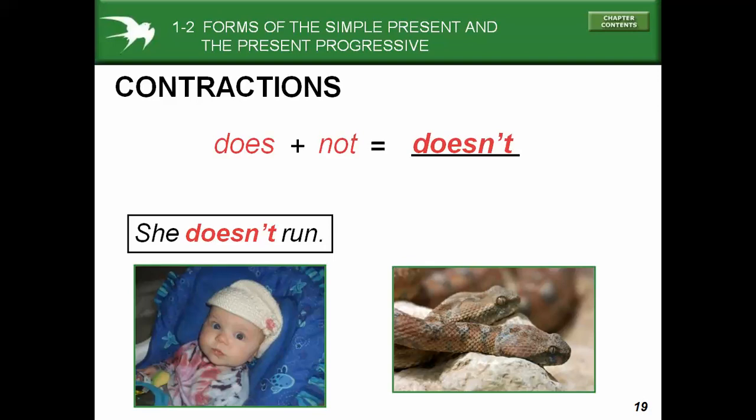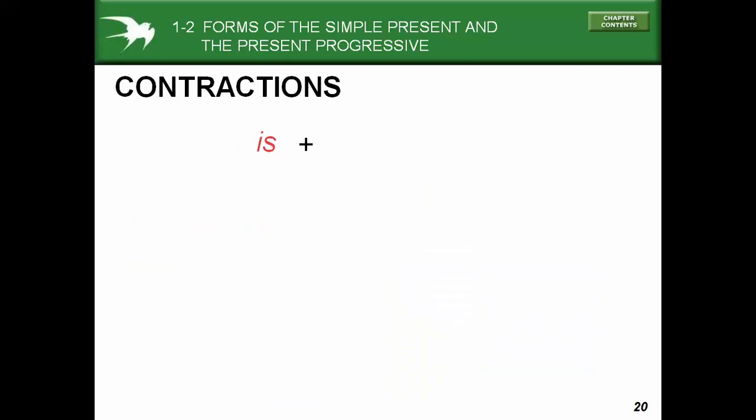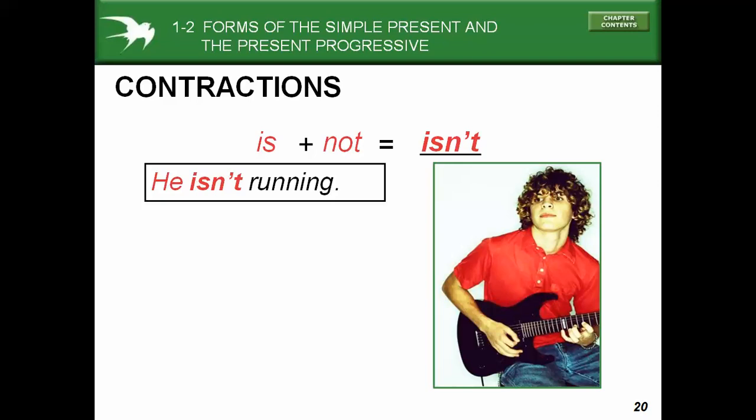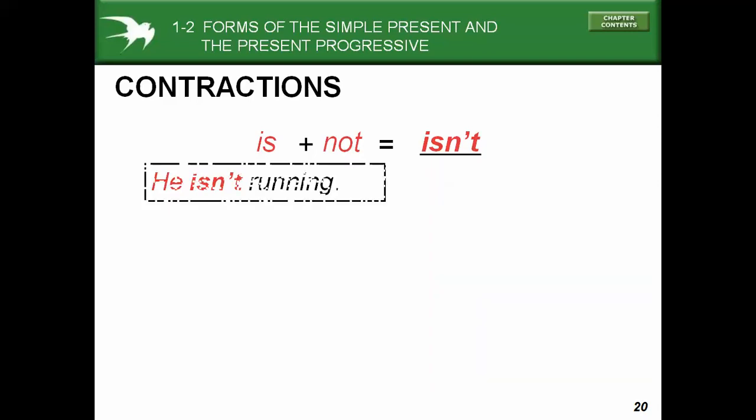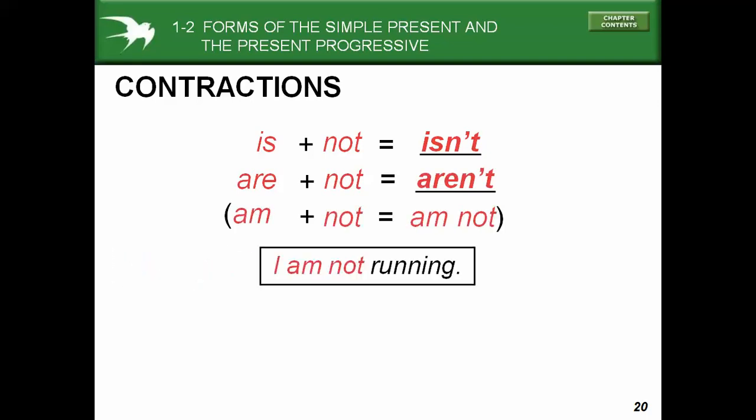She doesn't run. Do not, they do not run. Do not, don't. Does not, doesn't. Is not, isn't. He isn't running. Contractions: are not, aren't. I'm not running.